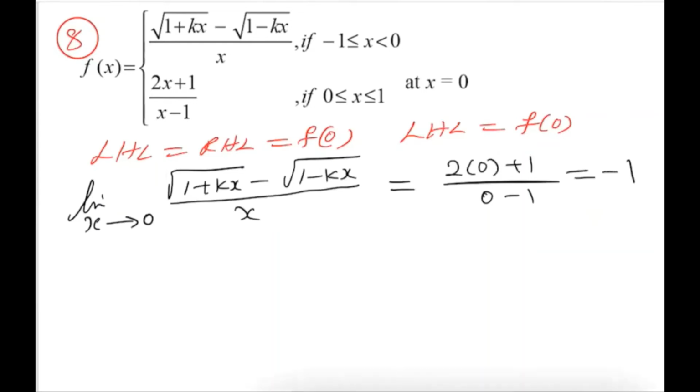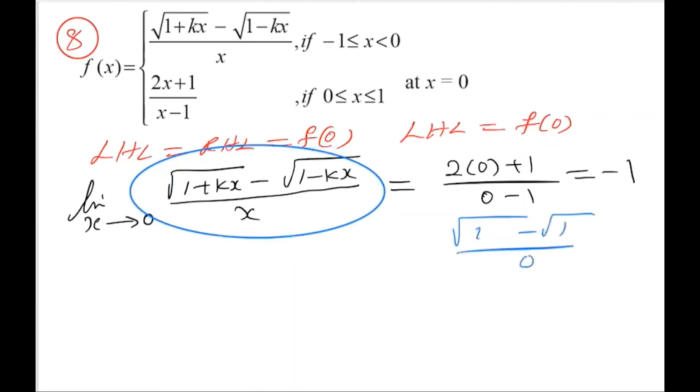Now when you take the value of x as 0 in this expression, you get root of 1 minus root of 1 upon 0. Reduces to 0 by 0.